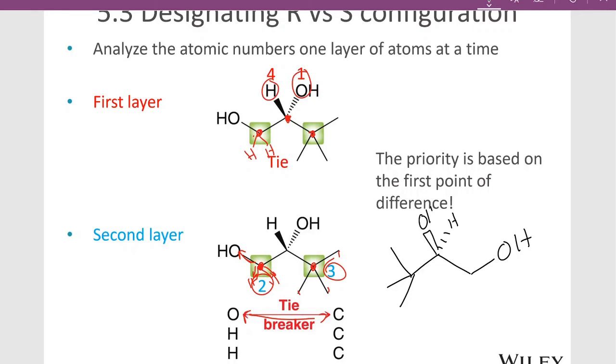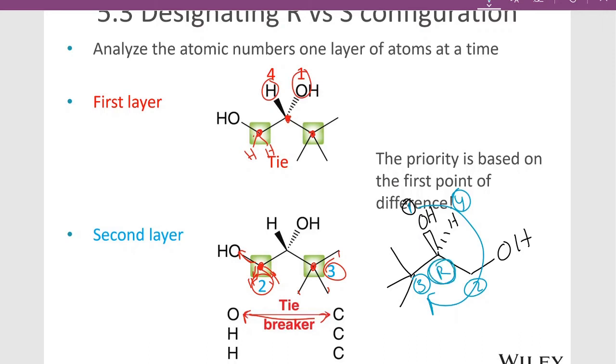Our OH is coming out. And so that's going to be 1, 4, 2, 3. So 1 to 2 to 3 is our progression of rotation. That makes this R.